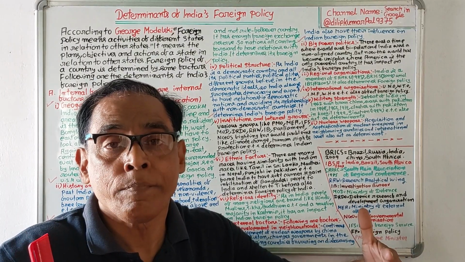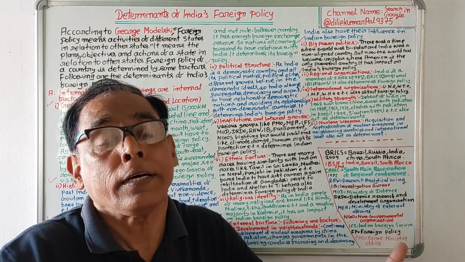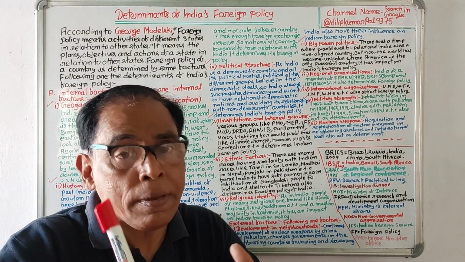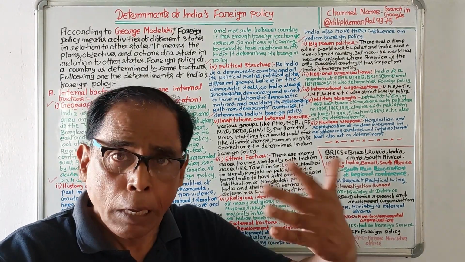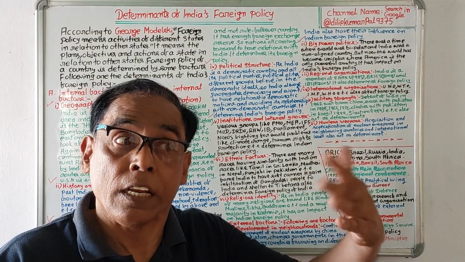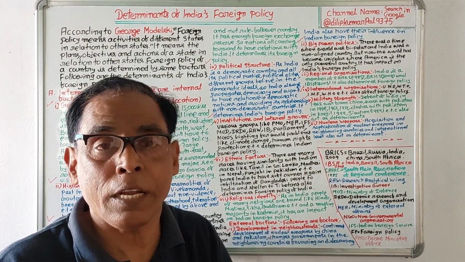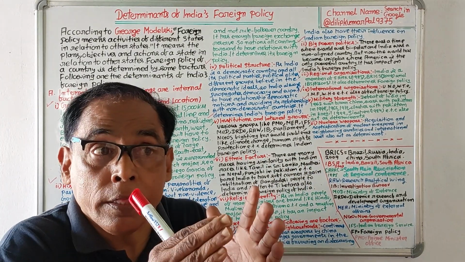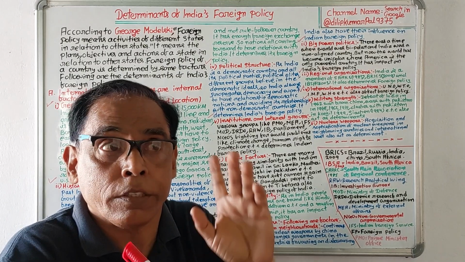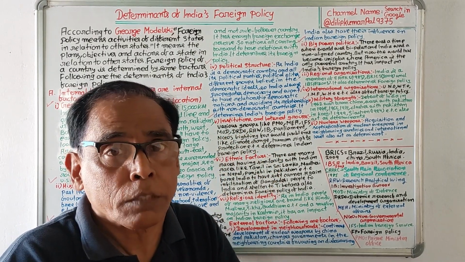of India who have similarity with the Indian people, like Tamil in Sri Lanka, Madhesi in Nepal, Punjabi in Pakistan. So all these persons also influence India's foreign policy.